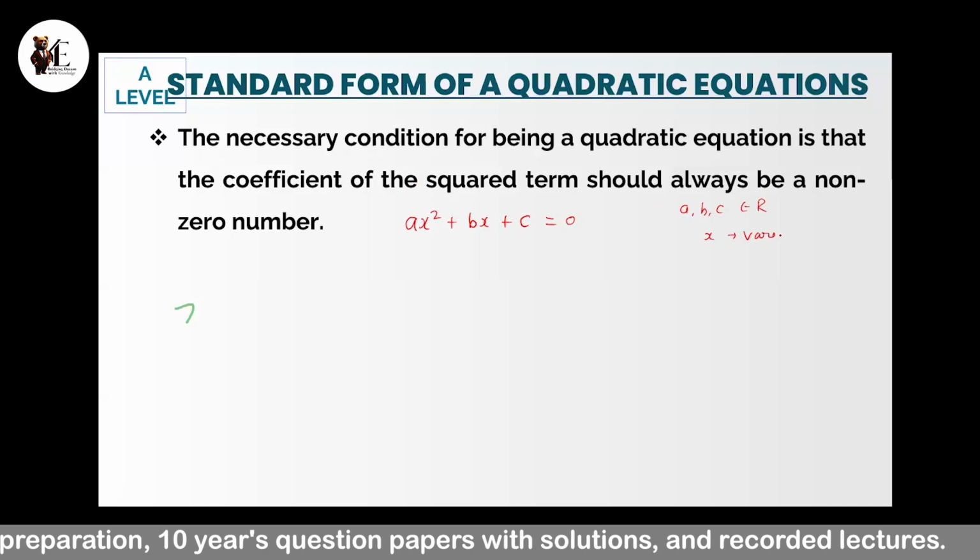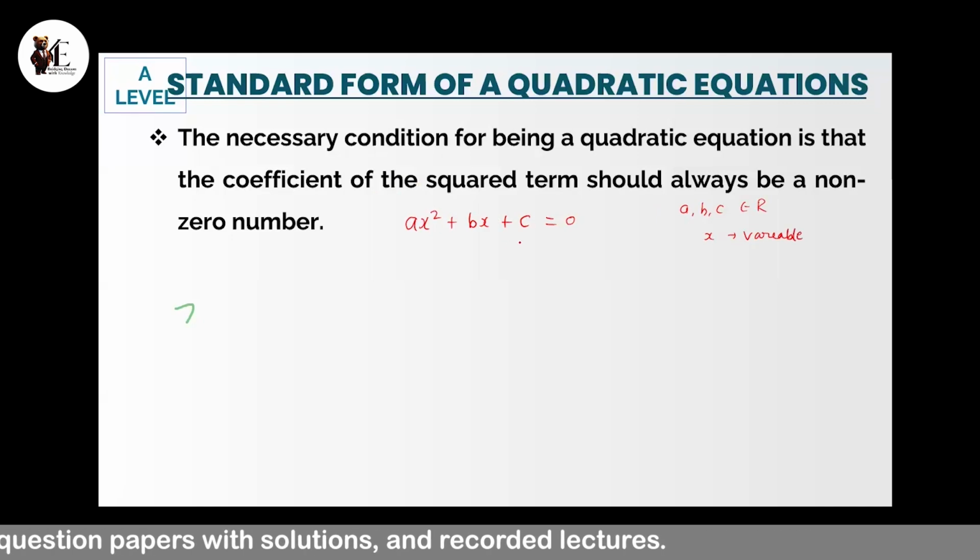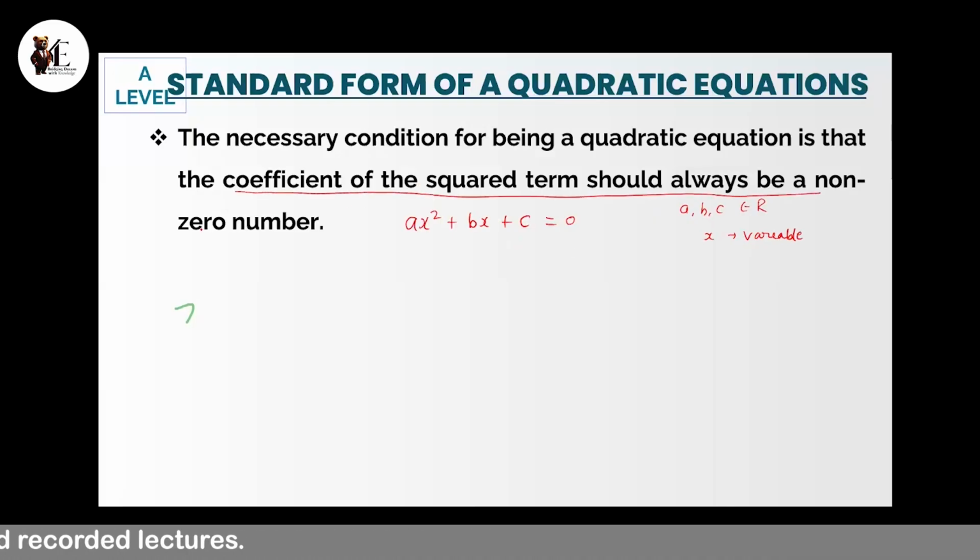So what is the necessary condition? It means the condition that should be fulfilled in every quadratic equation. That is, the coefficient of the square term should always be a non-zero number. The coefficient of x square means the number which is in multiplication with x square.